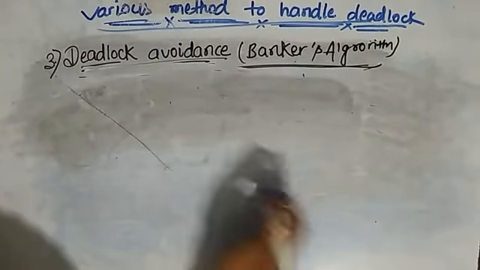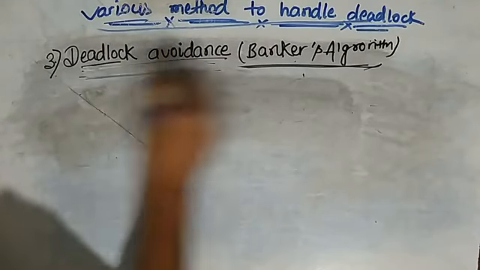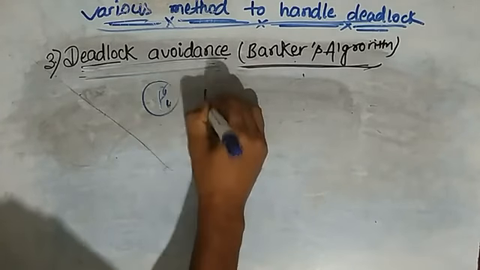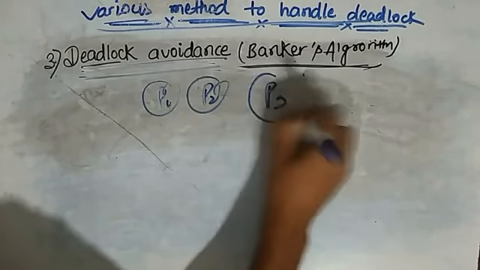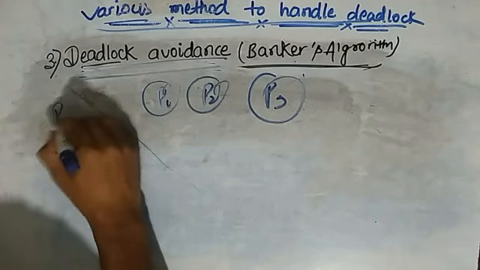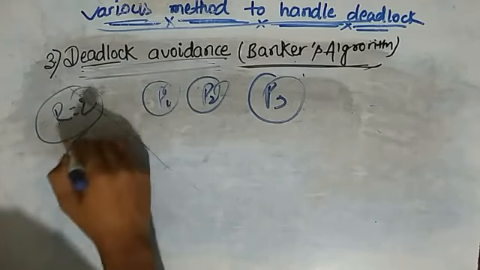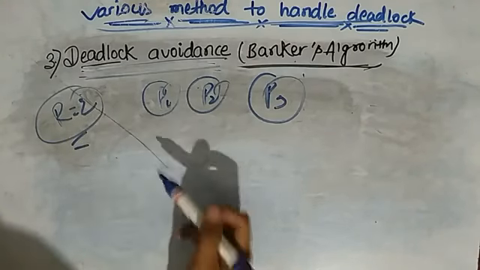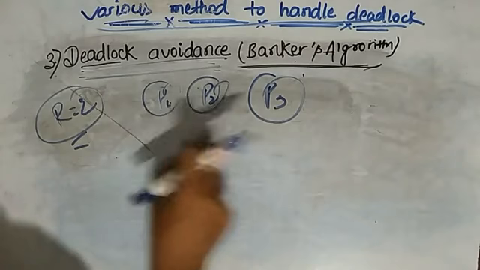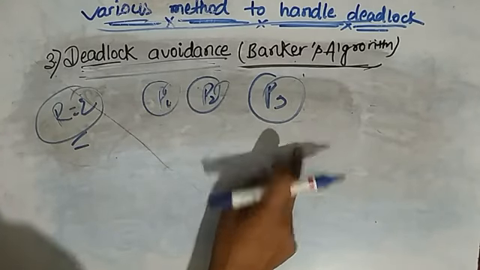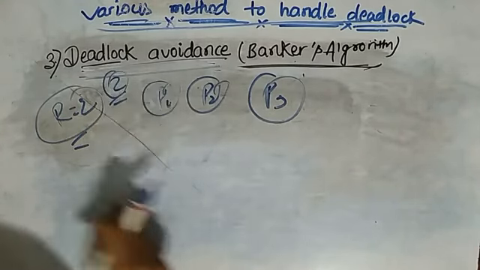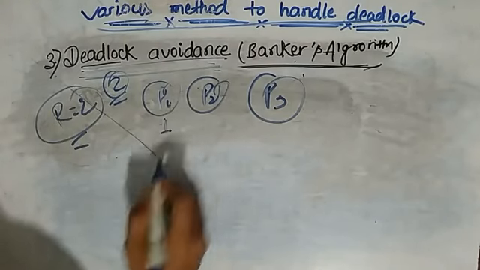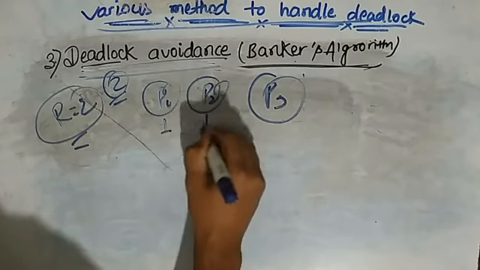Now the third method for handling deadlock is deadlock avoidance. To understand deadlock avoidance, take 3 processes P1, P2 and P3, and the number of resources R is equal to 2. It is given in the question that the minimum requirement of resources for each process to complete its execution is 2. Now in this case there are 2 cases arising. In the first case we provide 1 resource to P1 and 1 resource to P2.